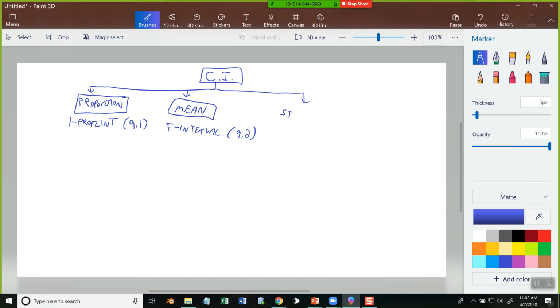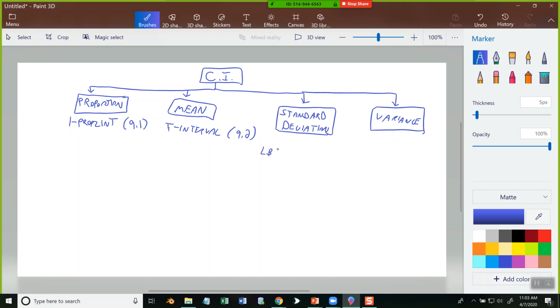We also had standard deviation. And we had variance. Now, standard deviation, the formula, I'm going to go double check this because I'm not sure if I actually remember this, but let's see, it was n minus 1 times s squared divided by the right chi-square.